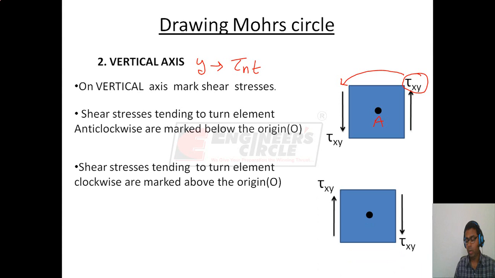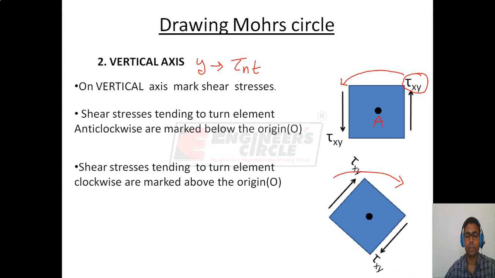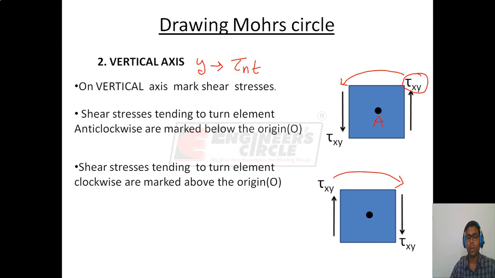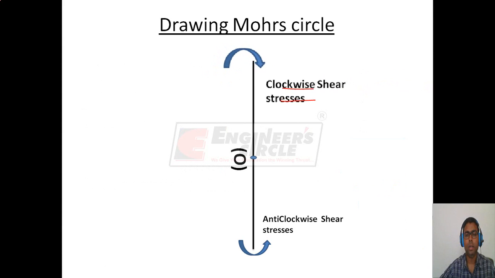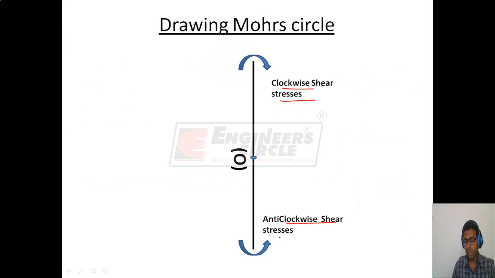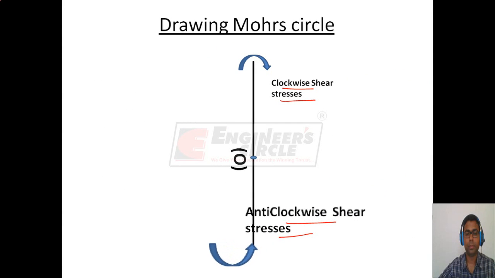This tau xy and tau xy are tending to turn the element in clockwise direction, like this. Therefore, this tau xy is to be marked above the origin. Therefore, on the vertical axis, clockwise shear stresses are marked above the origin and anti-clockwise shear stresses are marked below the origin.